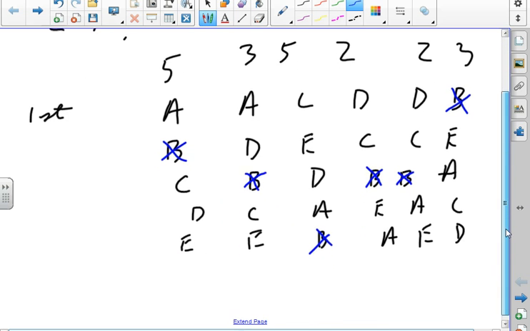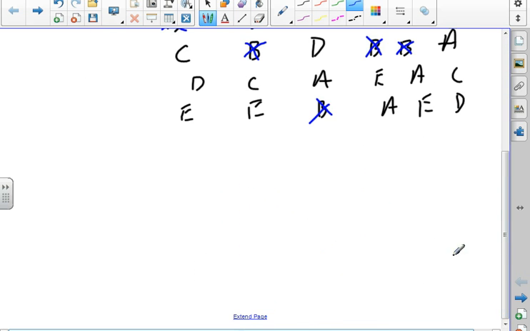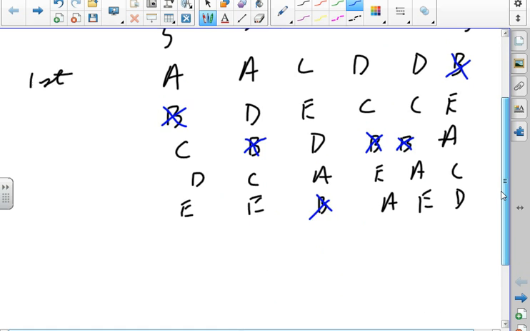Okay, now that we have B eliminated, we're going to redraw our table.